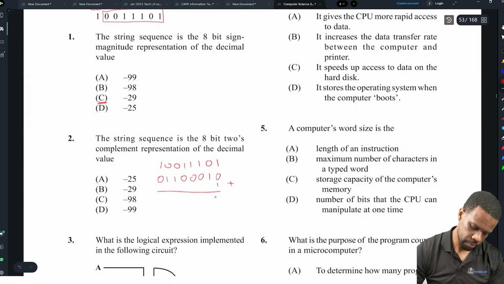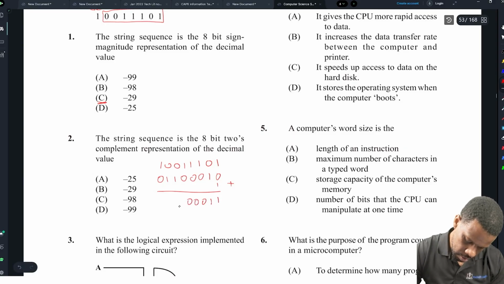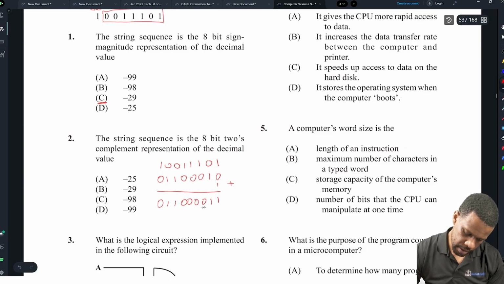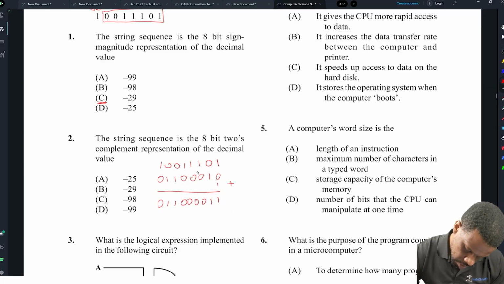It will be, oh no, something's wrong. Alright, so we take the 1, 0 plus 1 is 1, 1 plus 1 is 1, 0 0 0 0 1 1 0. How did I end up with more bits than I should have? Is it 8 bits? 1 2 3 4. Oh, it's 3 zeros here.